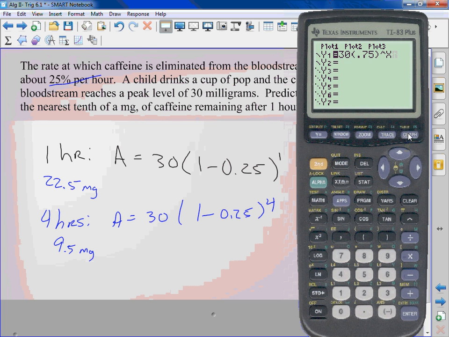Look at the table. So after 1 hour, there's 4. Holy crap, it's over a day. Yeah. So if we look at tenths, it's over a day before it's out of your system, just out of 1 cup of pop. So if I had 2 glasses, it's now 60.